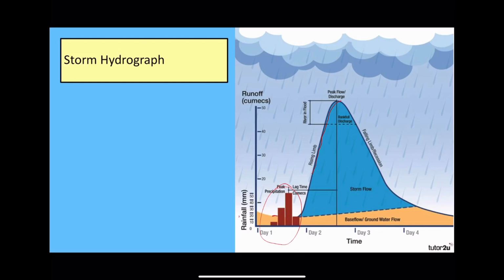So this is the discharge of the river, and you can see it's rising really rapidly, and then up here is the peak flow, the peak discharge, and we've also here got what's called the lag time. So this lag time is the time between the peak precipitation, the highest level of precipitation, and the peak discharge. So this river has experienced a really rapid rise in water.